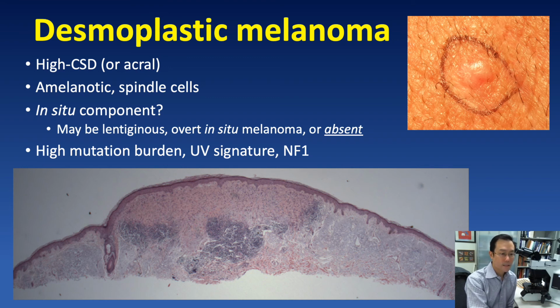And this work with the NF1 mutations was done in large part by my colleague, Dr. Maya Kiuru, in conjunction with her team at Memorial Sloan Kettering when she was there.